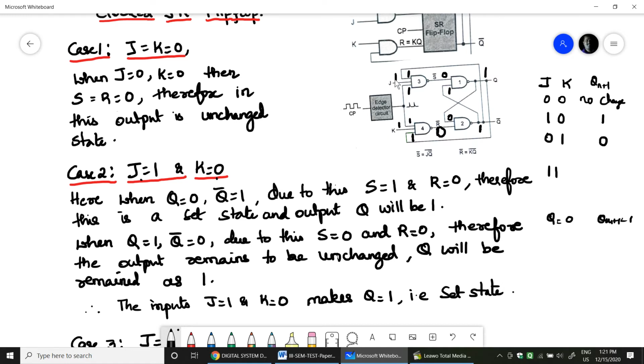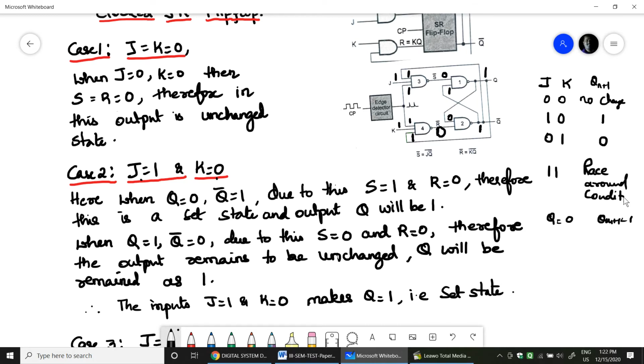So that triple 1 will give 0, this 1 is given, so 0 ANDed with 1 will give you 1 again. Okay, so therefore when J and K are both 1 1, the flip-flop will get into race around condition.